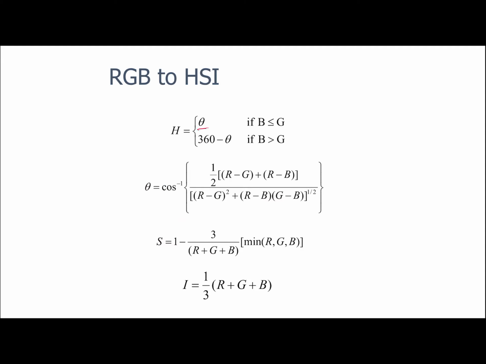So H will be equal to theta if the blue component is less than or equal to the green component, and it will be 360 minus theta if the blue component is greater than the green component. This is how we can compute the H component in the HSI model, where the value of theta is given by this relation.